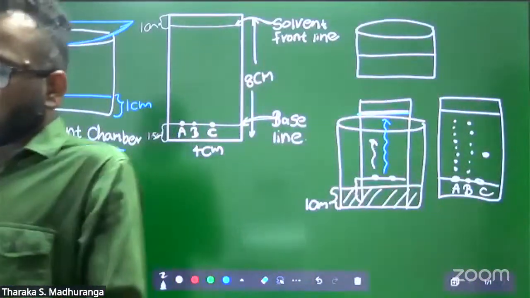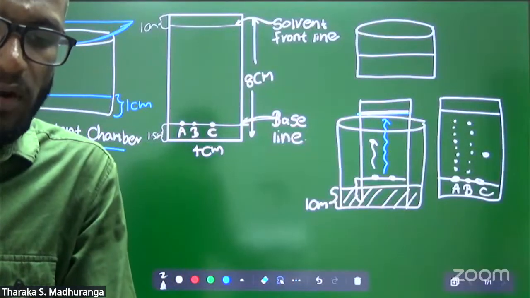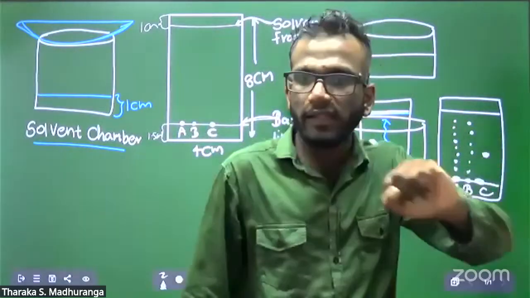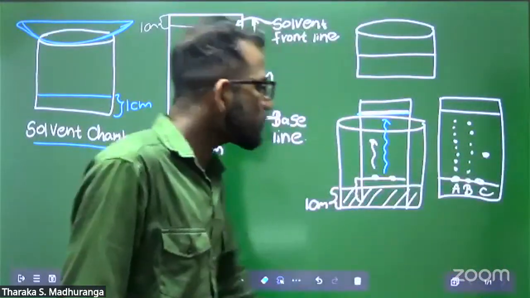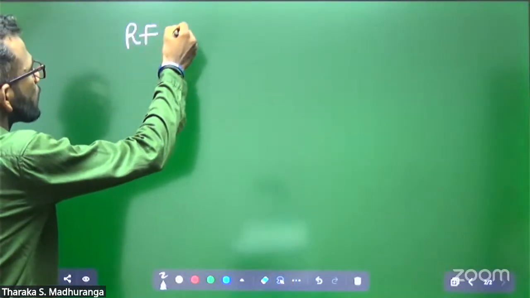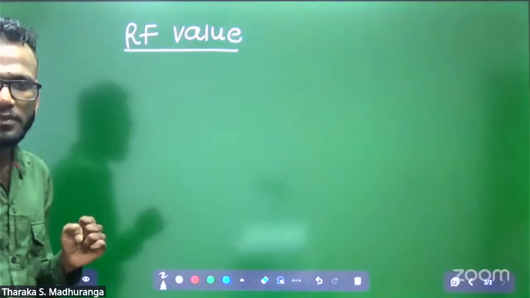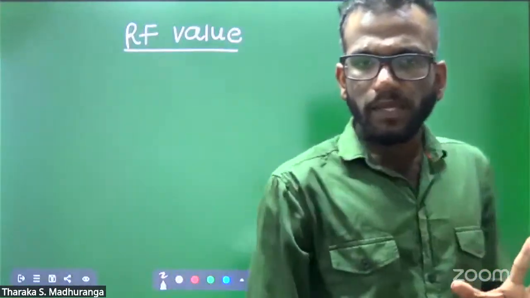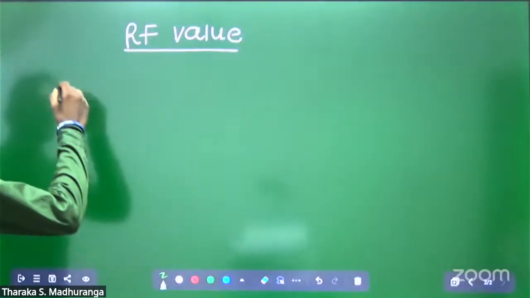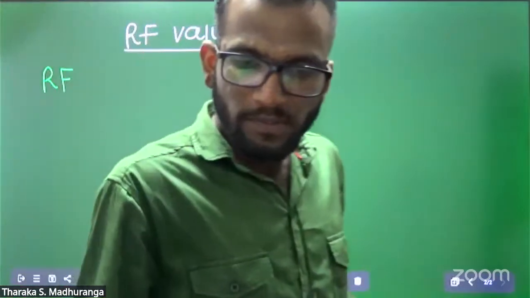Our next topic is identifying the compounds on this chromatography paper by the RF value. What is the meaning of this RF value? The RF value is a ratio. And there is a mistake in the tutorial.